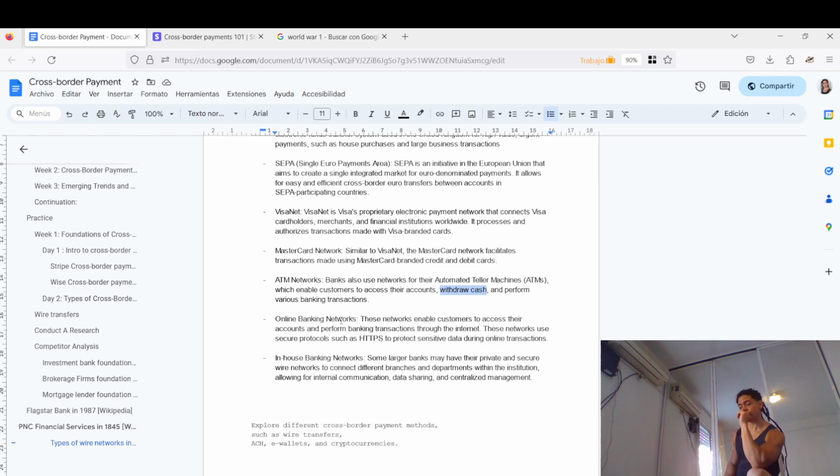Online banking networks. These networks enable customers to access their accounts and perform banking transactions through the internet.